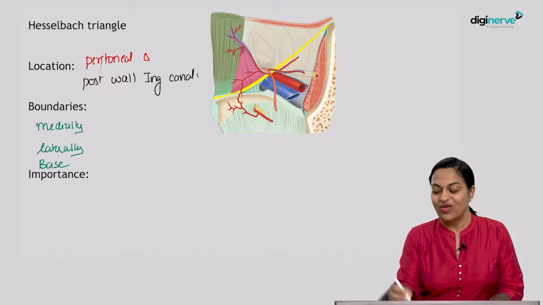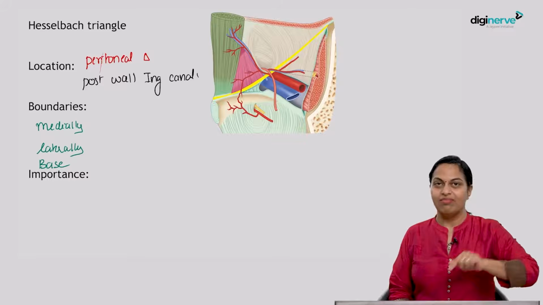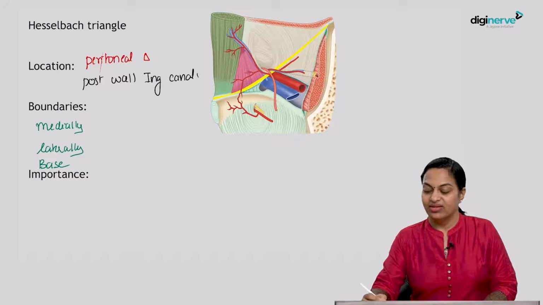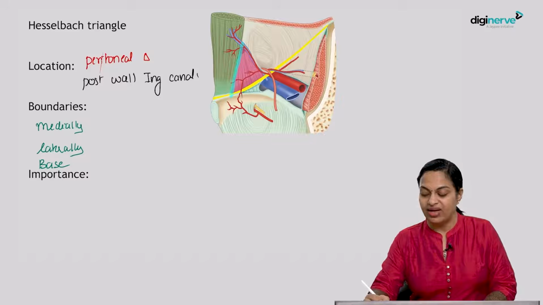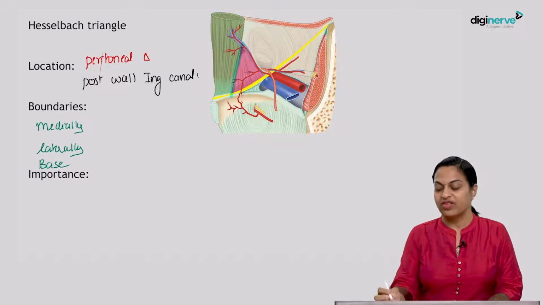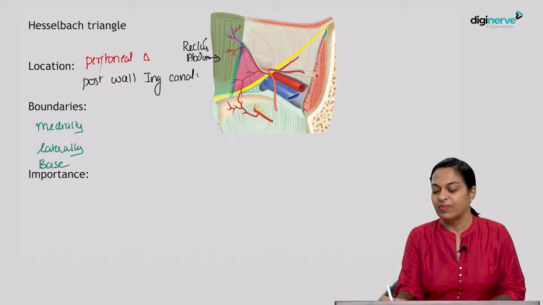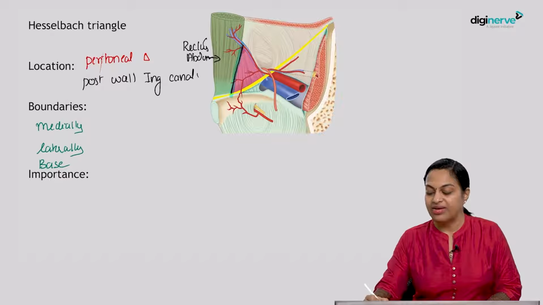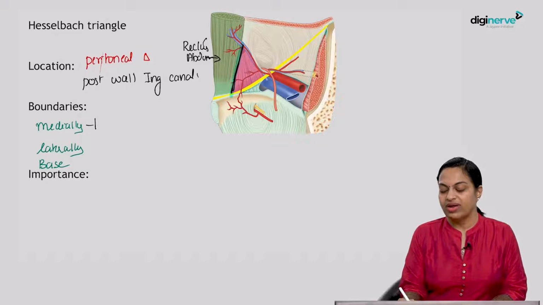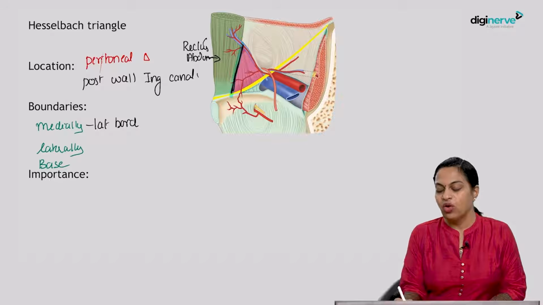Hesselbach's triangle is bounded medially by the lateral border of rectus abdominis muscle. This is the rectus abdominis muscle. The lateral border of rectus abdominis muscle contributes to the medial boundary.